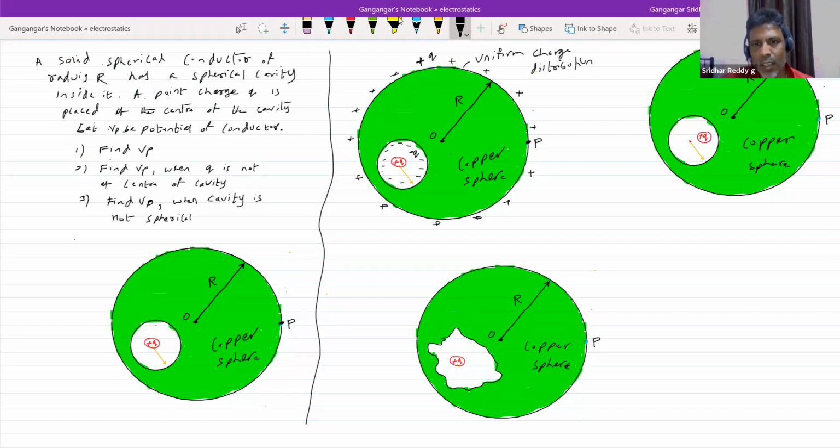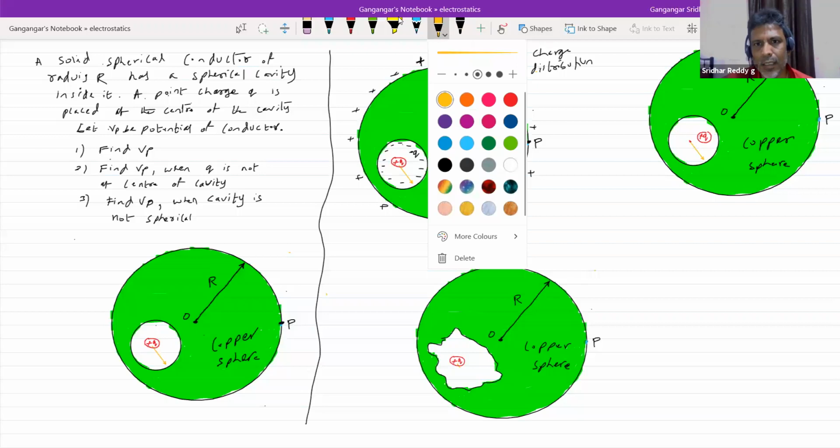So therefore now, how can I show the field lines? Same as earlier, the field lines I'll show by color.